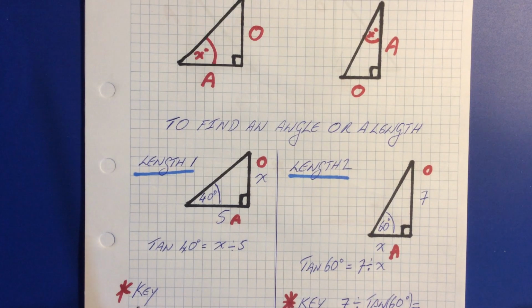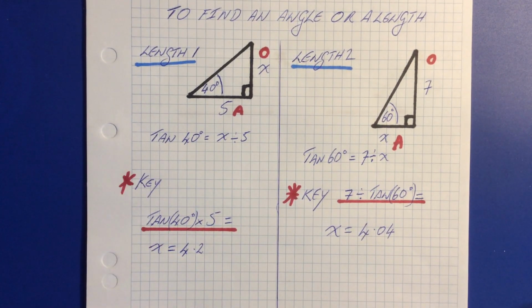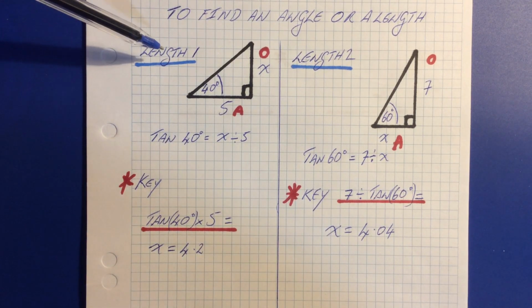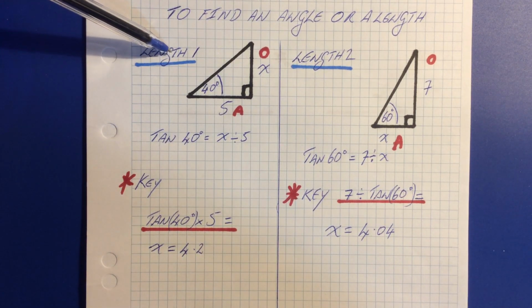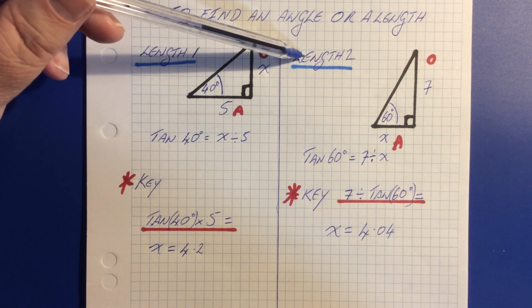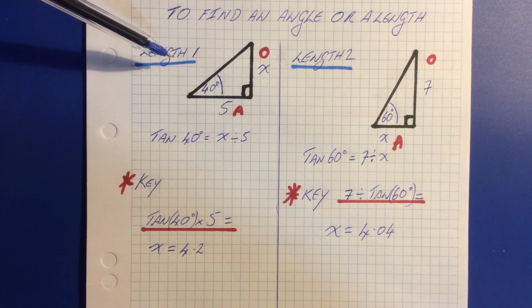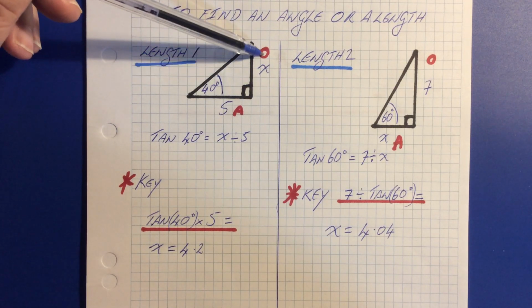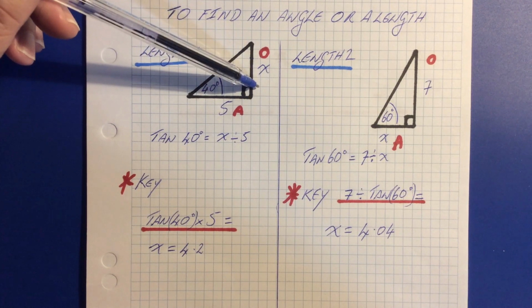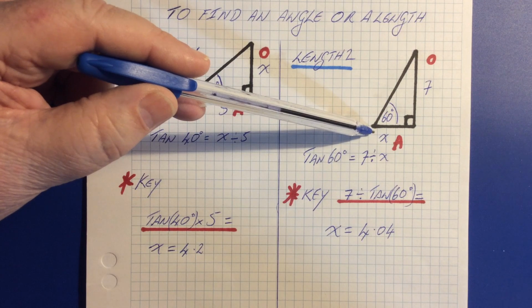Now, to find an angle or a length, there are some procedures, and we're going to go through those. The first thing we're going to do is lengths, and there are a couple of circumstances in which you're looking for a length. One is that the length is the opposite side, and one is that the length is the adjacent side.